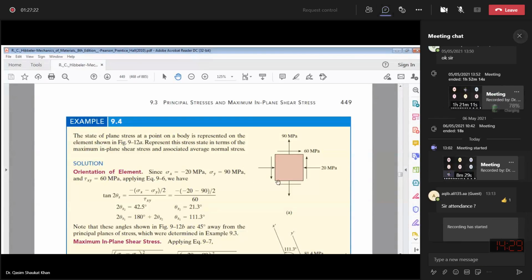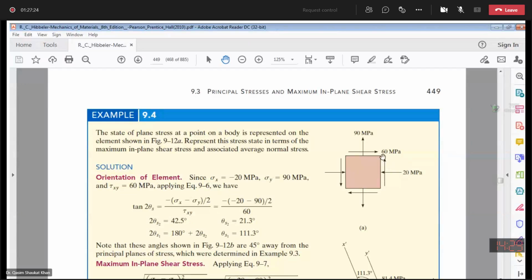Again, the same data: sigma x is minus 20, shear stress tau xy is 60 megapascals, and sigma y is 90 megapascals. We have to first calculate the orientation of the shear planes, that is tan 2 theta s. So guys, please calculate tan 2 theta s and let me know.